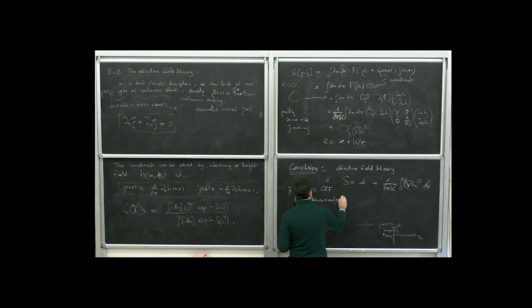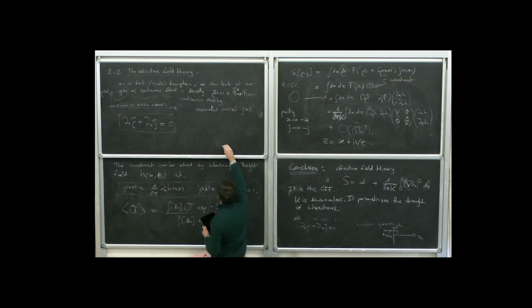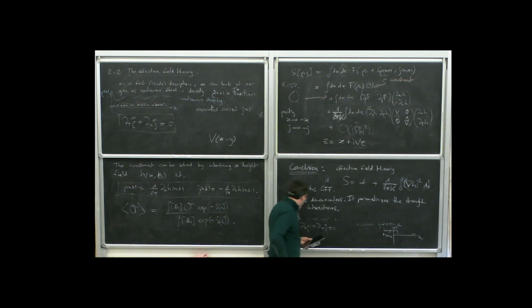It's a parameter that reflects the strength of the interactions between the particles in the system. So in particular, in terms of the original model, this parameter k would depend on this two-body interaction v of x minus y. And it has a name, it is called the Luttinger parameter.